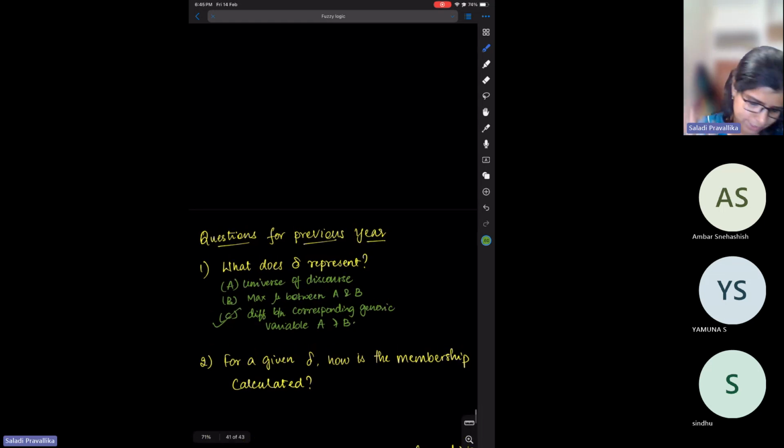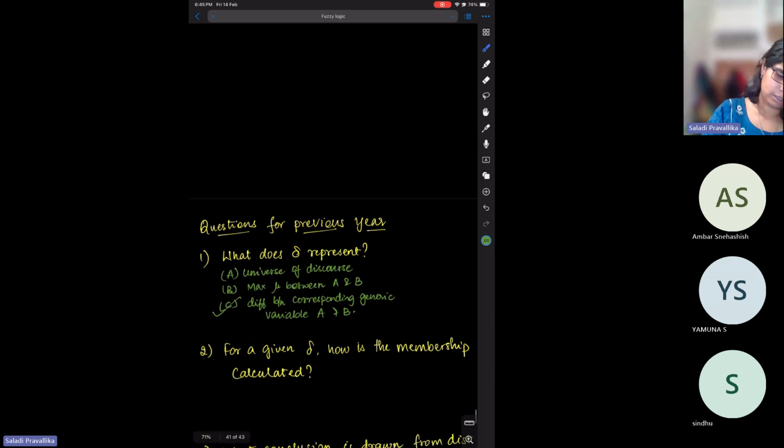Next question. For a given delta, how is the membership calculated? I'll read it out. Option A, by averaging the membership values for all pairs with the same delta.